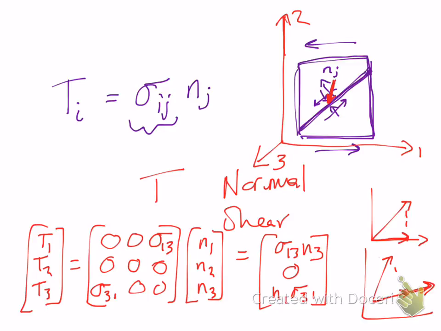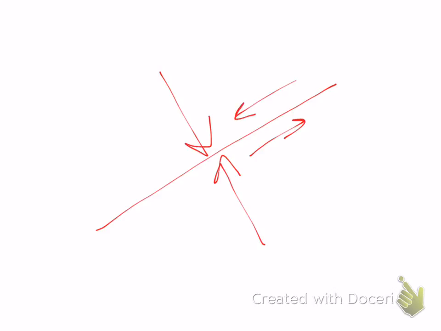Because if the normal force is really high compared to the shear force, does anyone with their geology background remember how we decide if a fault's going to slip? It obviously wants to slip under that shear.